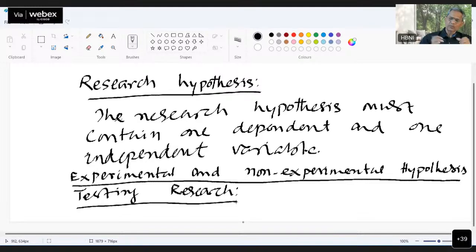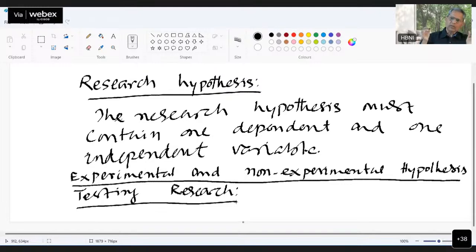When you take two groups, 25 and 25 each, and one group you don't give any extra coaching, and the other group you give extra coaching, then you are changing intelligence as the parameter, which in this case is the independent parameter. You are manipulating that. That is experimental research, experimental hypothesis testing research.